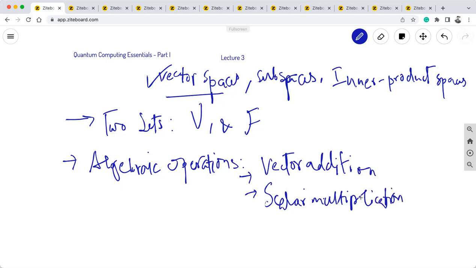I'll briefly cover all such terms, the definitions and some properties, and the details can be found in the references that I have mentioned in lecture 1.